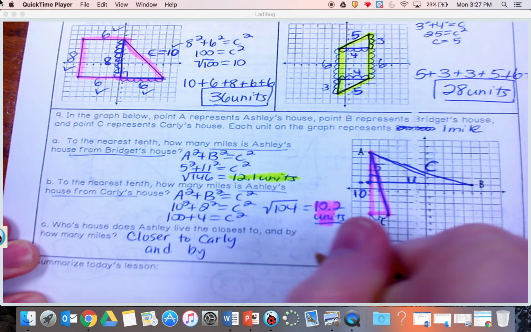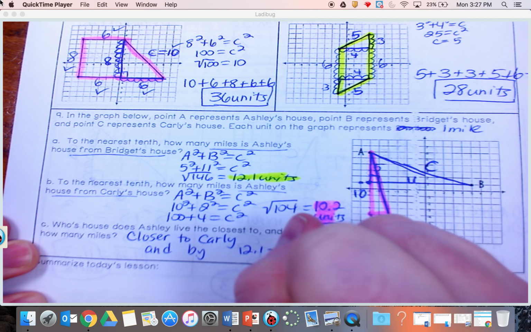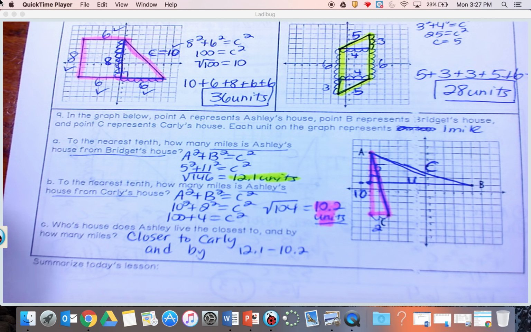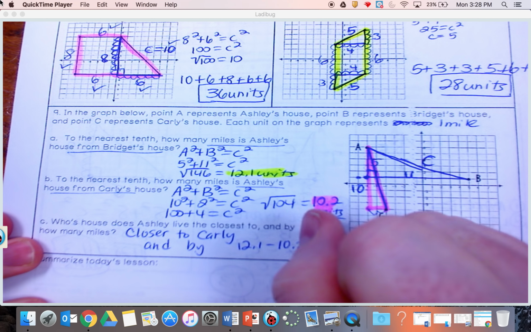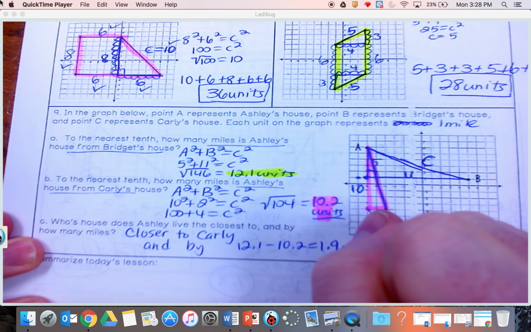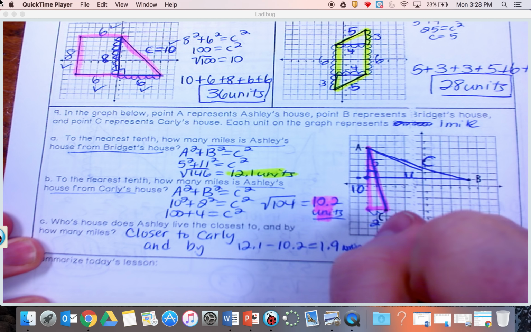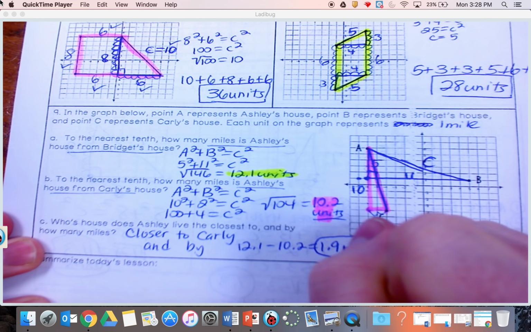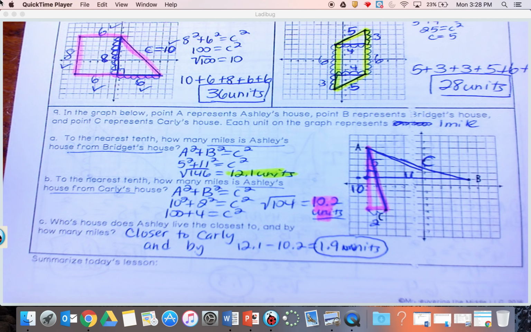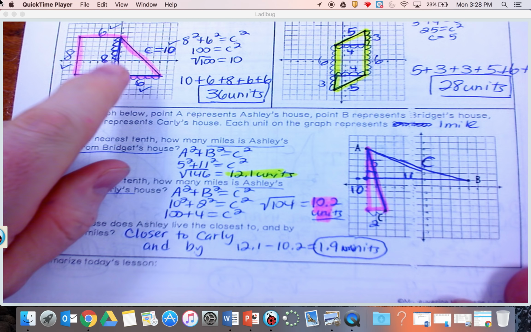And by a total of 12.1 minus 10.2, you get a difference of 1.9 miles or units, whatever you want to call it. That's it. So you're going to have an exact same one to do on this one for your homework as well. So you should be able to handle that one.